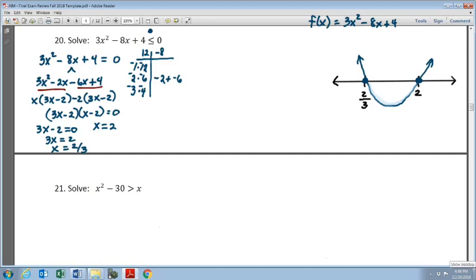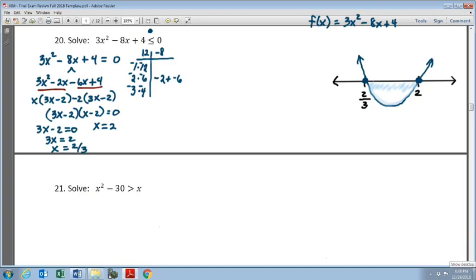All of these points have y values that are less than 0. All right, so that occurs when x goes from 2/3 to 2.